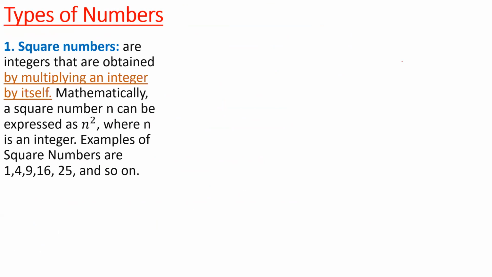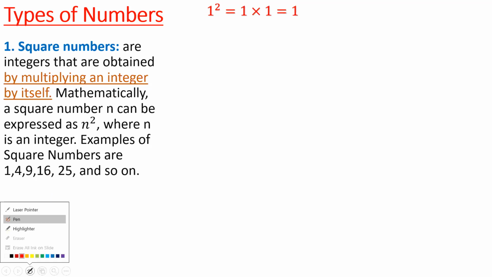Square numbers are integers that are obtained by multiplying an integer by itself. Mathematically, a square number can be expressed as n squared, where n is an integer. Examples of square numbers are 1, 4, 9, 16, and 25.